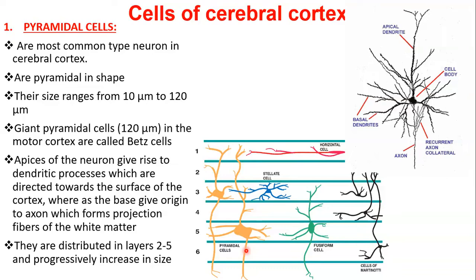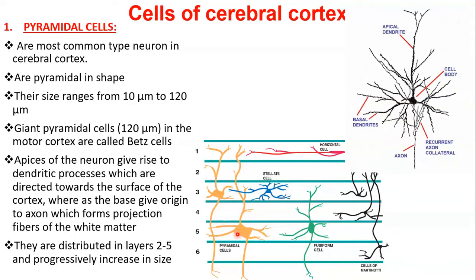This is the axon, which forms the projection fibers of the white matter, meaning these processes go towards the white matter. The body and dendrites are present in the grey matter, and these axons go downward and give projection fibers of the white matter.